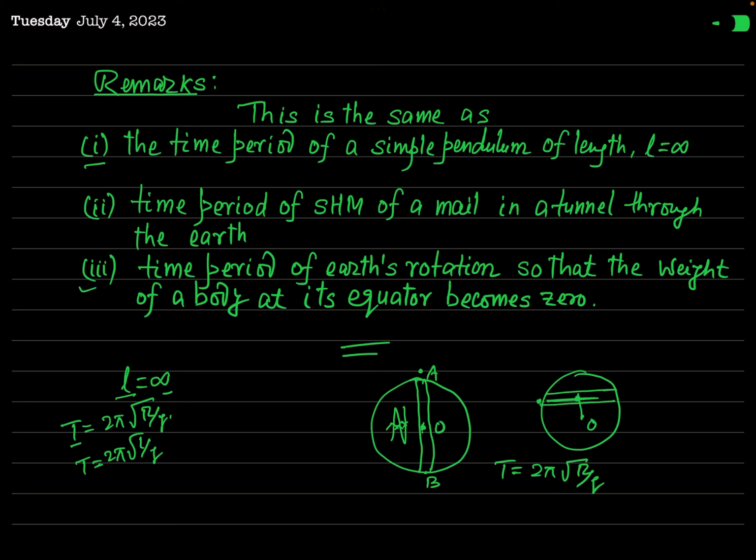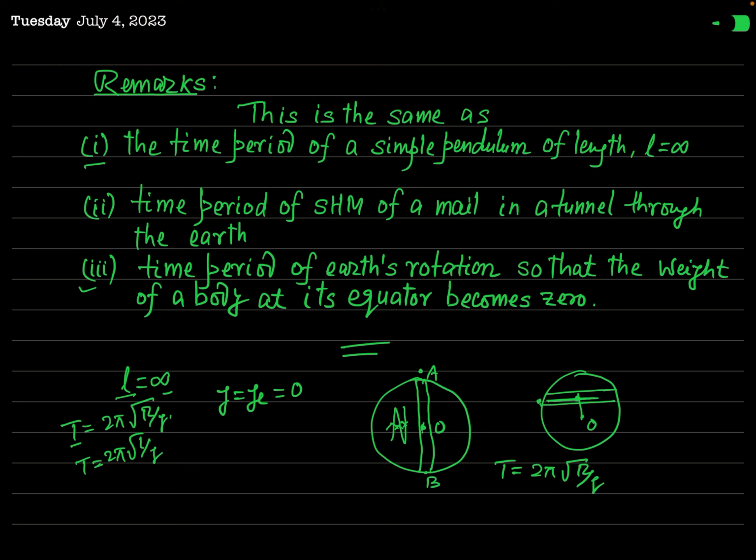Now, the third situation, which I have mentioned here: consider that the earth is rotating with such an angular velocity that at the equator everybody becomes weightless. It means that g, the acceleration due to gravity at the equator, which I have denoted by g_e, is equal to 0.